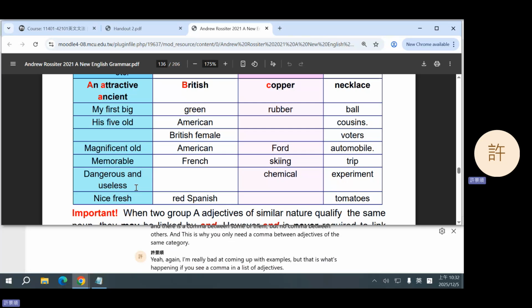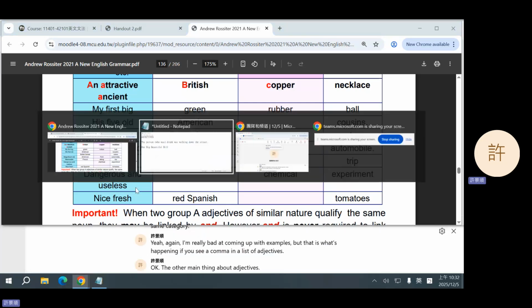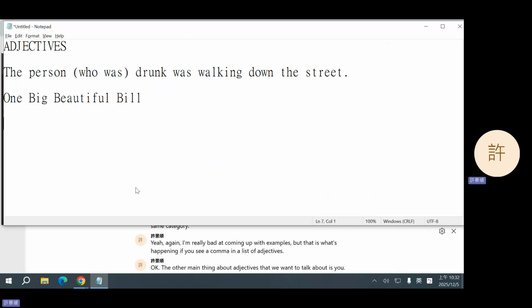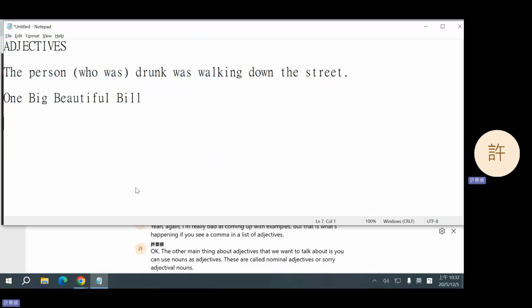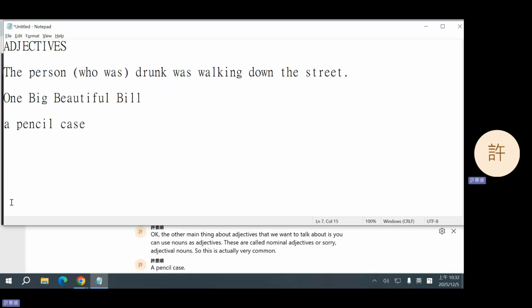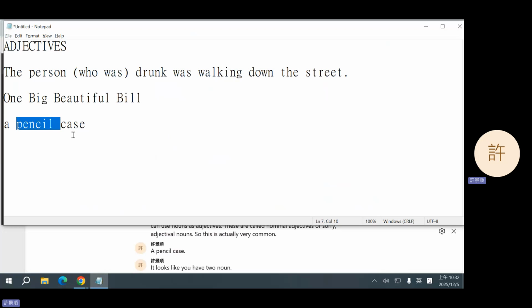Okay, the other main thing about adjectives that we want to talk about is you can use nouns as adjectives. These are called nominal adjectives, or sorry, adjectival nouns. So this is actually very common. A pencil case. It looks like you have two nouns, pencil and case, but you're actually only talking about a case.